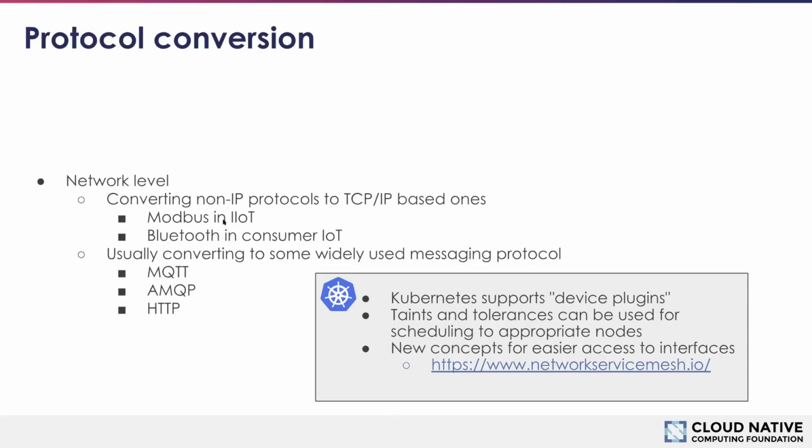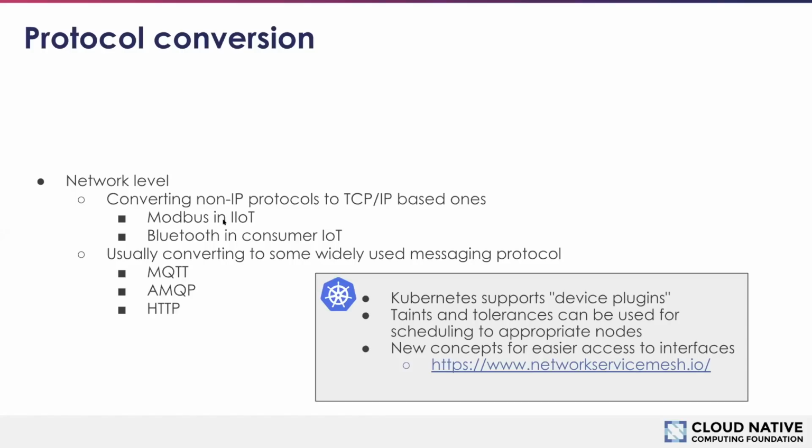So the traditional job of the IoT gateway is to do IP onboarding of all these devices, getting the data from them and putting it into something that's more convenient to be consumed by the cloud, basically, right?